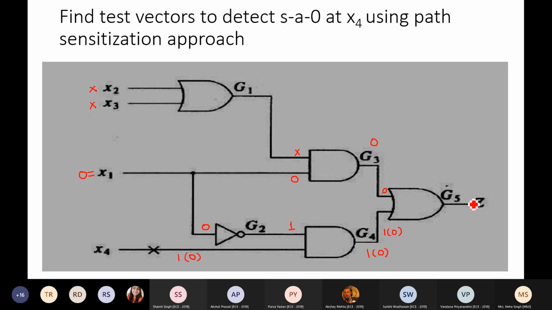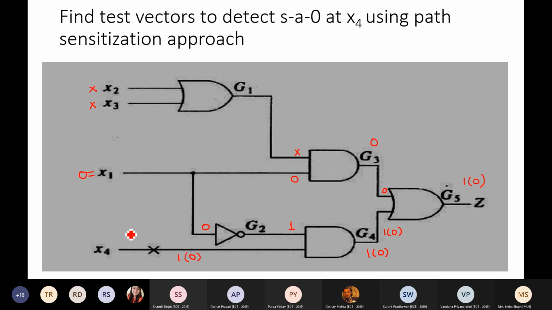So what will be the output? The actual output will be 1 due to 0 1 at input, and the faulty output will be 0. So since the value of Z is different for fault free circuit and the faulty circuit, this stuck at 0 fault at x4 will be detected.